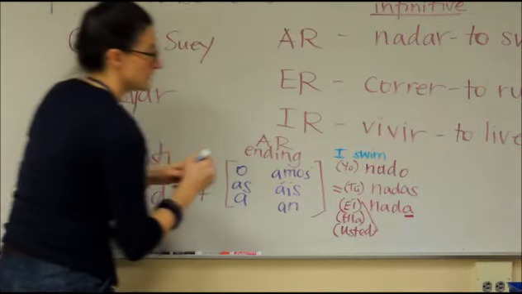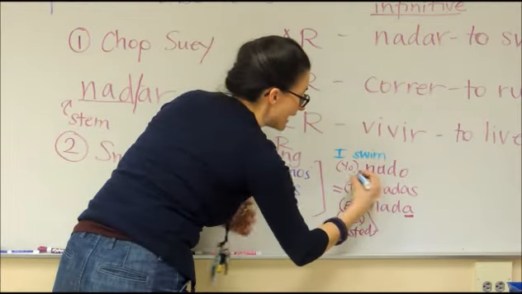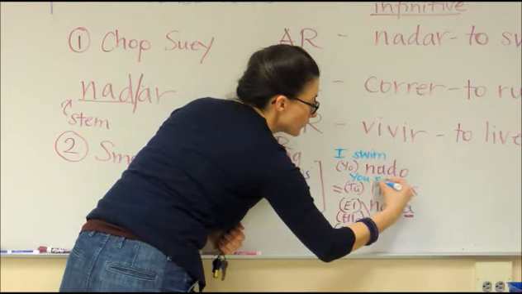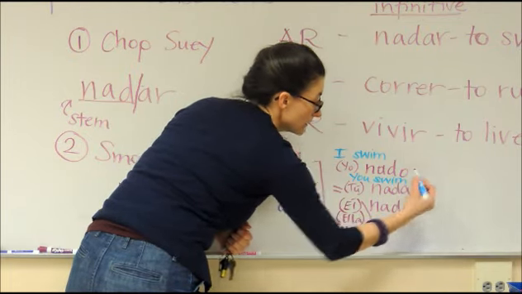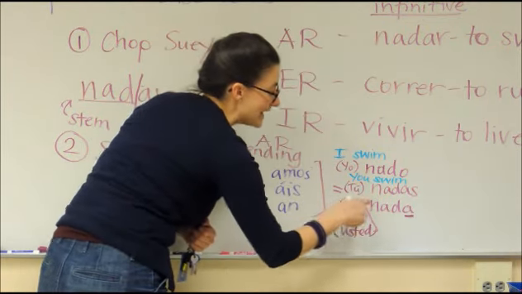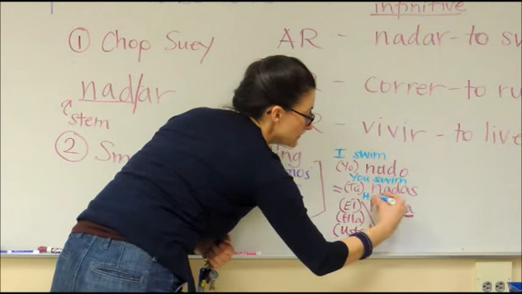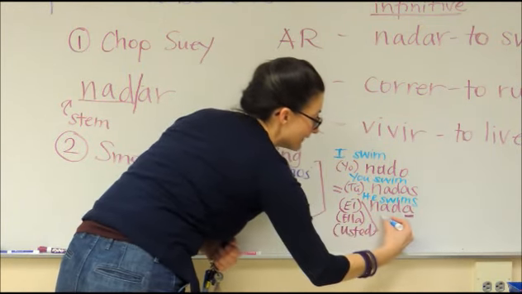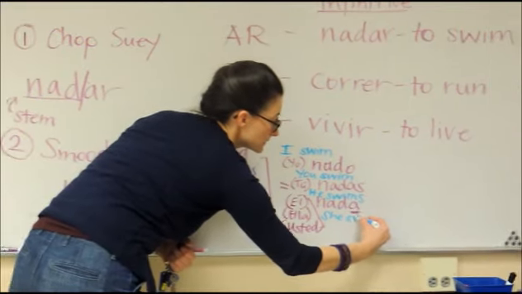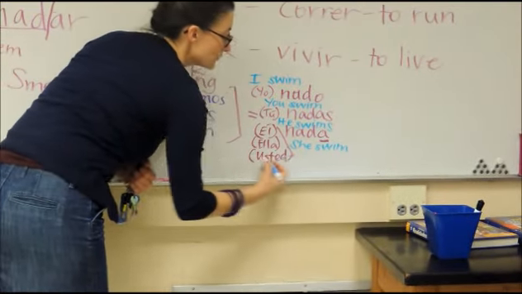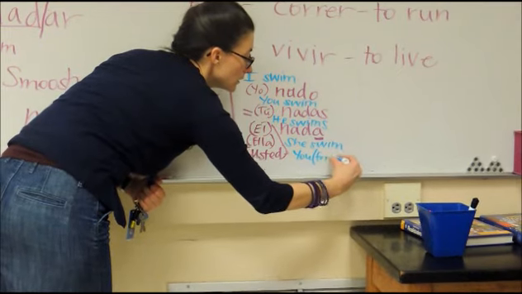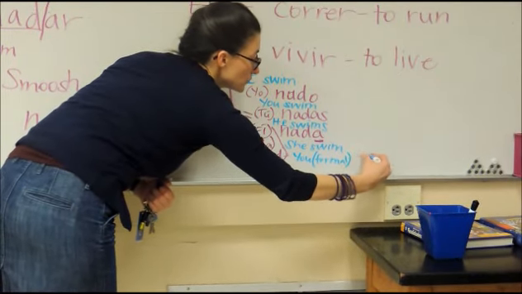Let me write what these mean. Yo nado, I swim. Tú nadas, you swim, informally, with friends. Él nada, he swims. Ella nada, she swims. And usted nada, you, formal, swim.